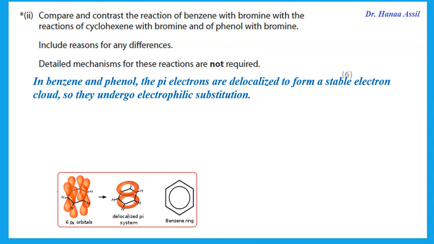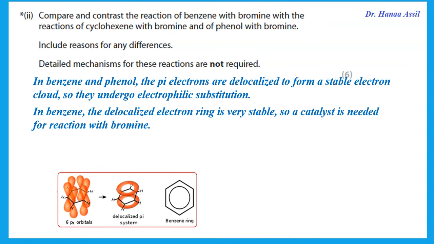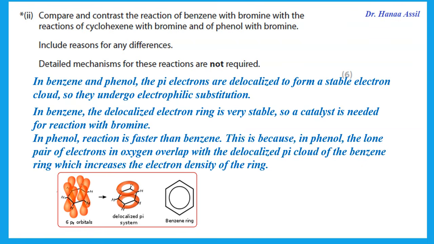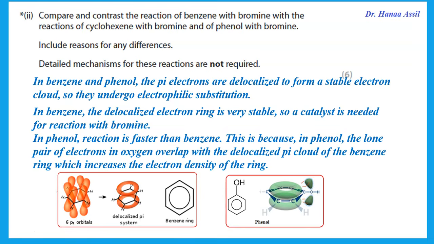This happens in benzene and in phenol actually, so they both undergo what we call electrophilic substitution. In benzene, the delocalized electron ring is very stable, so a catalyst is needed for the reaction with bromine. We said we need iron 3 bromide as a catalyst. But in phenol, the reaction is faster.